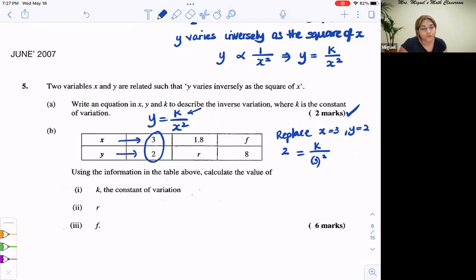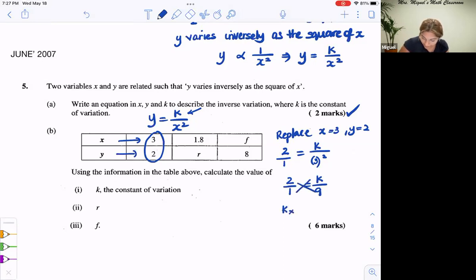So you could work out 2 squared first, and then you could cross multiply. Or you can multiply everything by the denominator in terms of k. So you're supposed to have 3 over 1 is equal to k over 4. So you could cross multiply and find k.